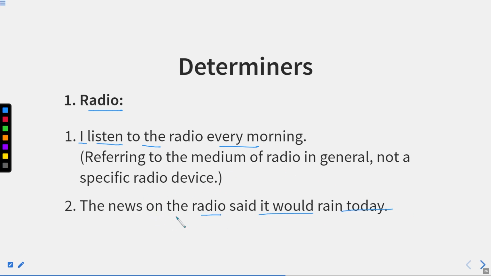Again, I'm getting the information about the rain through the radio. I'm not talking about that radio device. So I can use the before it, because in these sentences, I am only using the function of the radio, not the device radio.